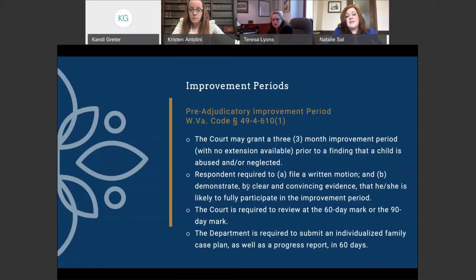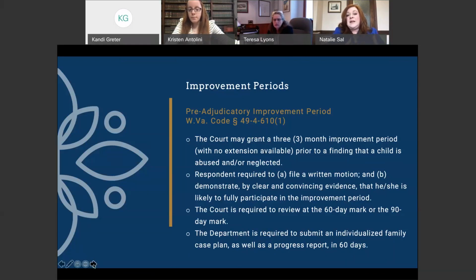Pre-adjudicatory improvement periods can be requested anytime up through the point of adjudication. And actually, there was some case law, although I'm not sure how well some jurisdictions would follow this at this point, it was fairly old, that would even allow a request for a pre-adjudicatory improvement period after adjudication had commenced, but not completed, no finding.